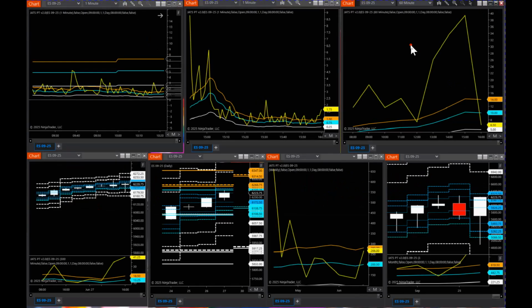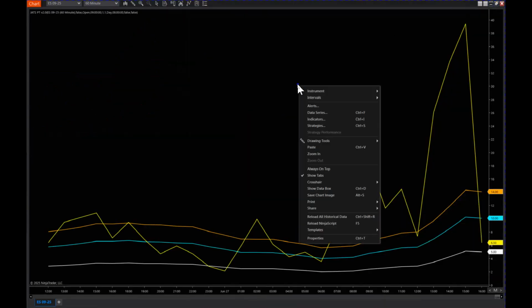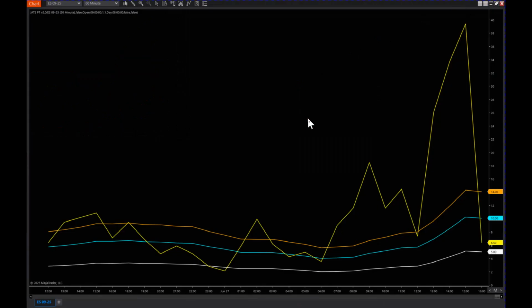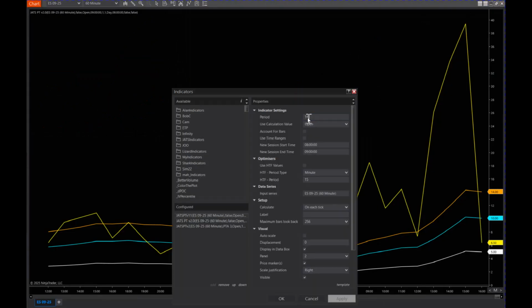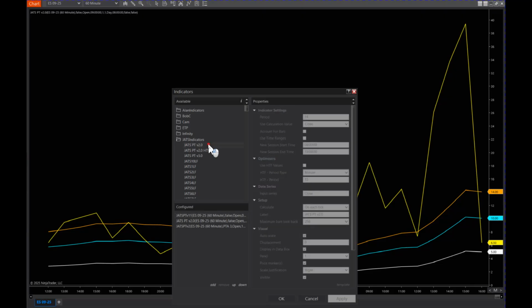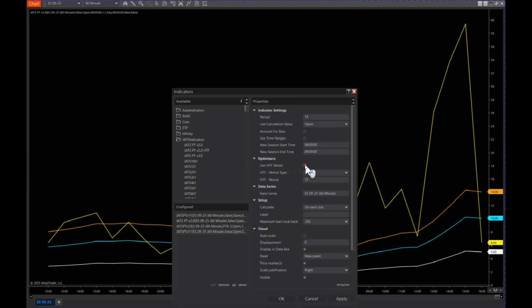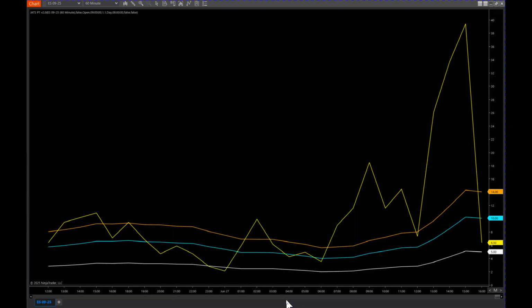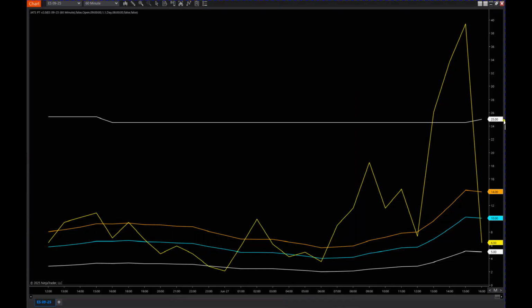So where's my 60 minute bar right here? So we can add the daily range to this. Put it on your same panel. And there we go.